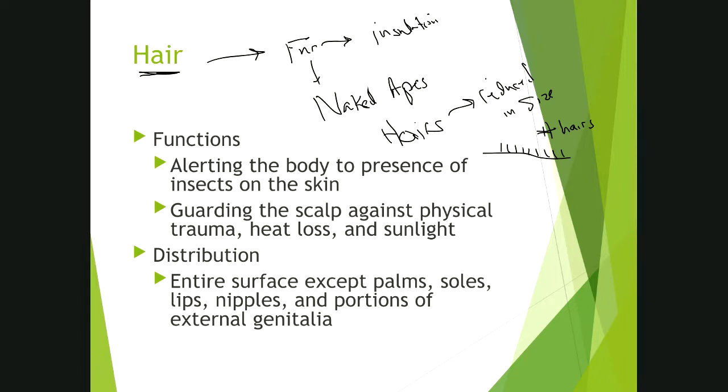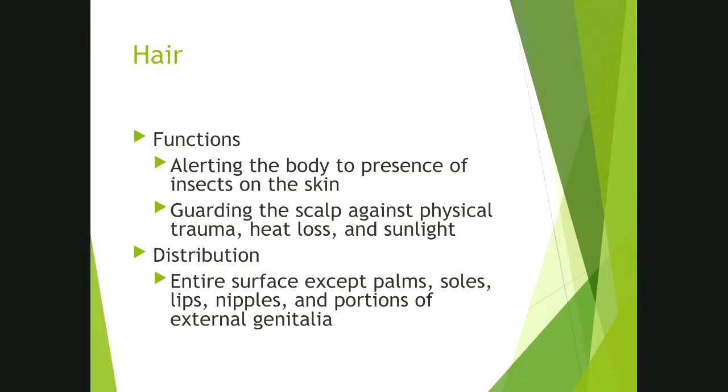Well, it seems as if they've lost their function, but they haven't. They still are places where we need some sort of protection from physical trauma. And so we have them on the scalp, we have them by the eyelids and places like that. And then not only is there these little tiny hairs, but every little tiny hair has a nerve attached to it.